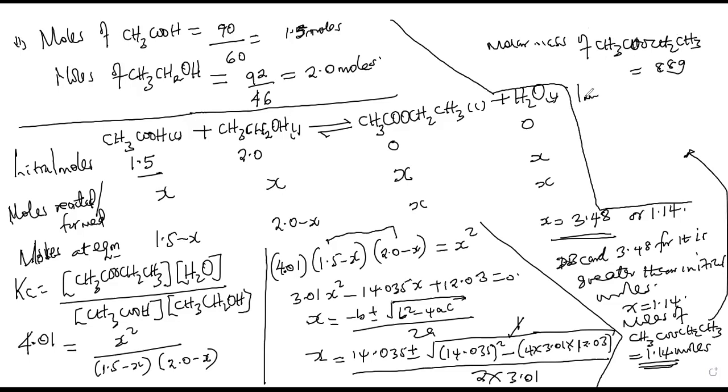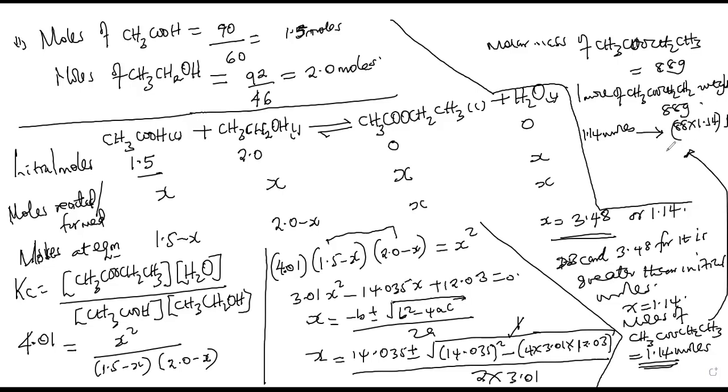So 1 mole of ethyl ethanoate weighs 88 grams. So if 1 mole can weigh 88 grams, what about 1.14 moles? So 1.14 moles will weigh 88 times 1.14 grams.